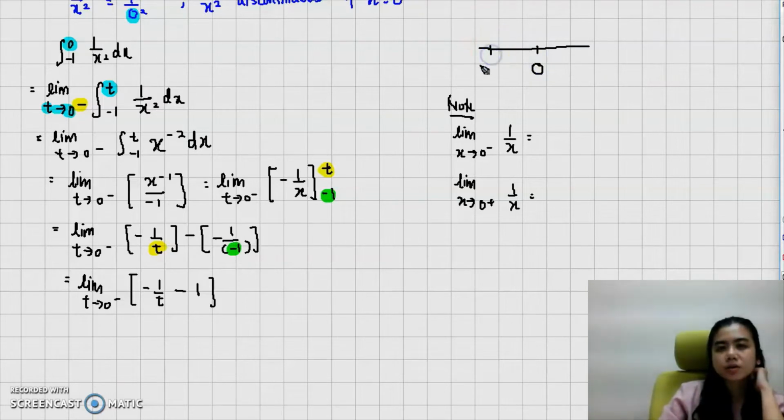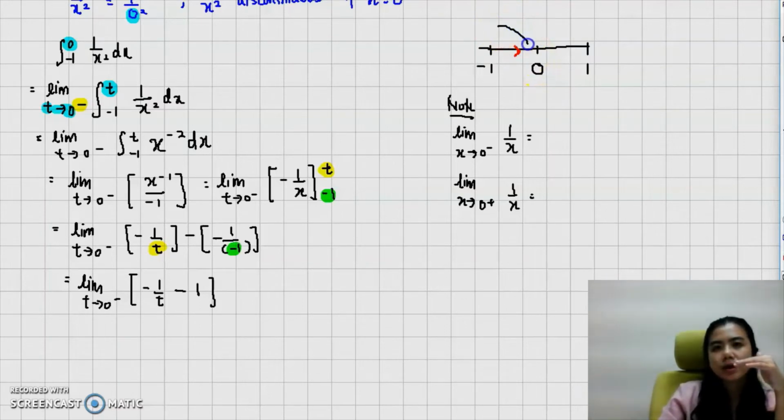When we talk about the number line here, we have -1 and we have 1. When we talk about approaching from the left, that is your left limit. You can say getting nearer to 0.